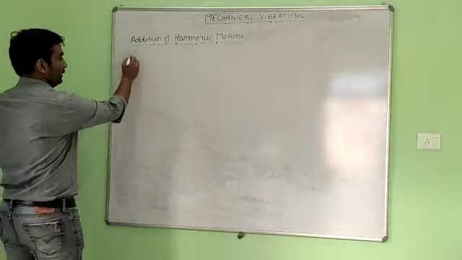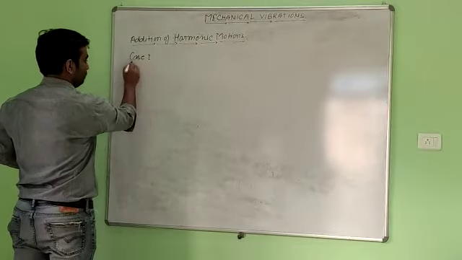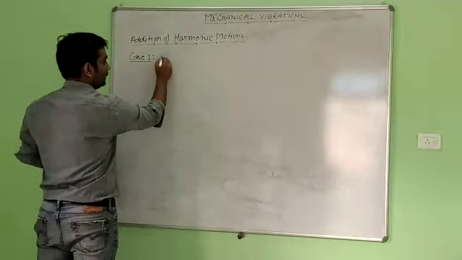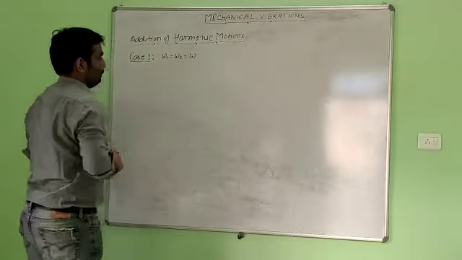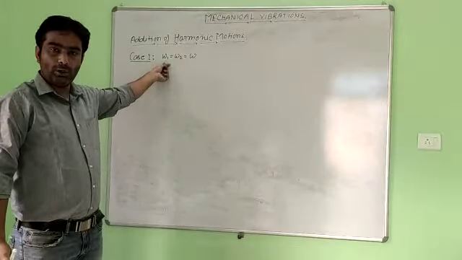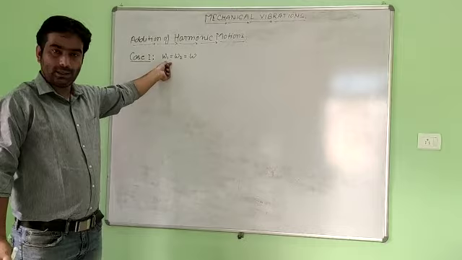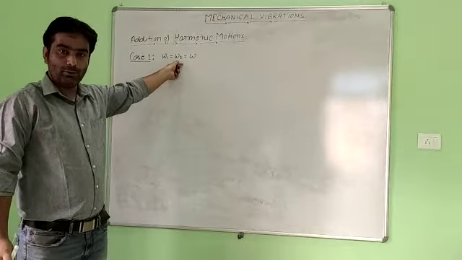Case 1, when omega 1 equal to omega 2 equal to omega, means let's say we are having two harmonic motions. Omega 1 is the natural frequency of the first harmonic motion, omega 2 is the frequency of the second harmonic motion.